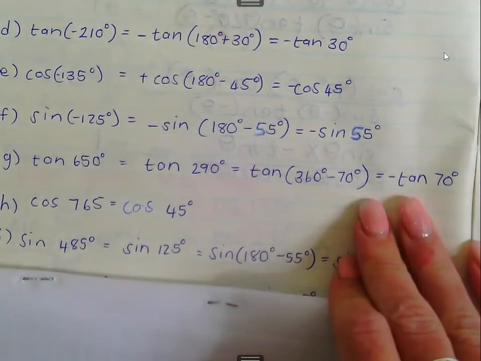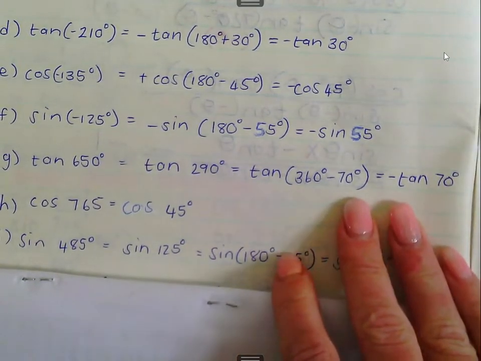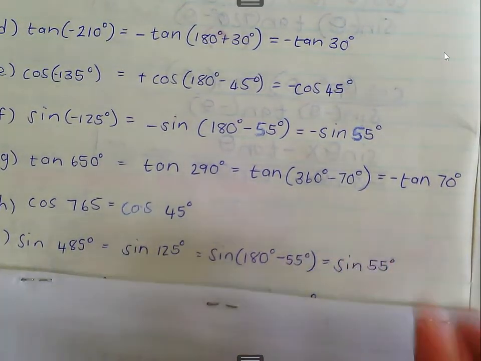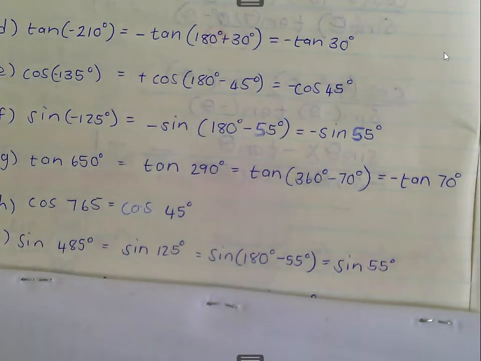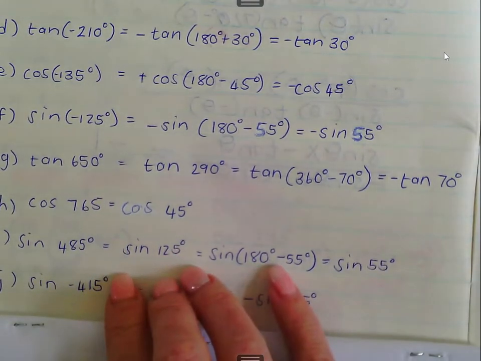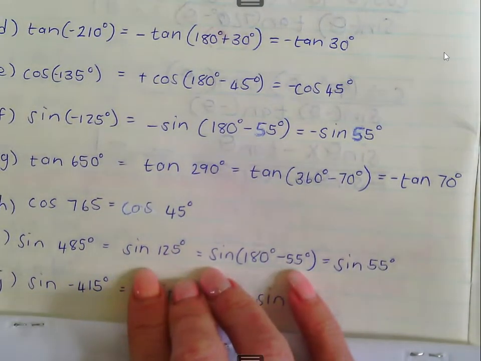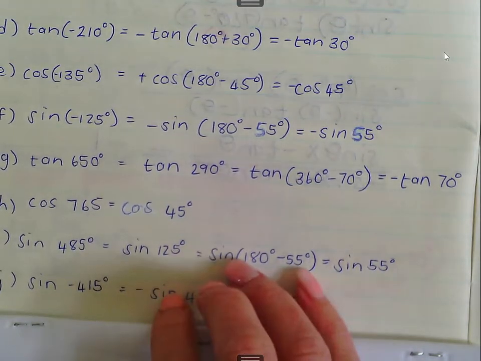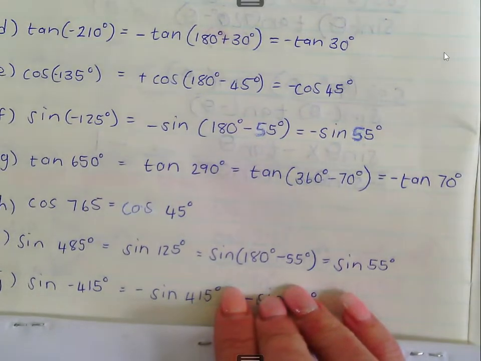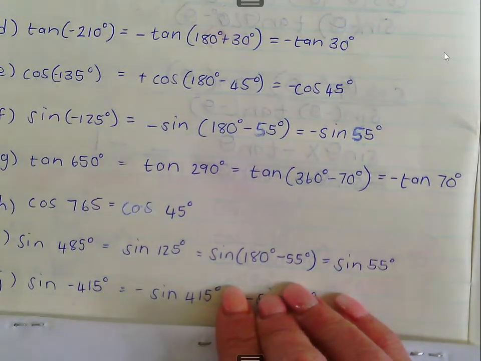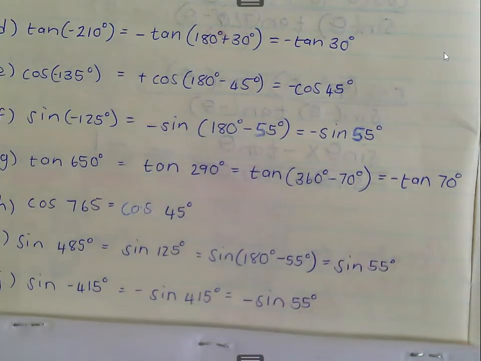I say 180 minus 55, that's in the second quadrant. So it's positive sin 55. Okay, the sin of a negative is the negative sin of the angle, but 415 is too big, so I subtract 360, and then I've got negative sin 55.